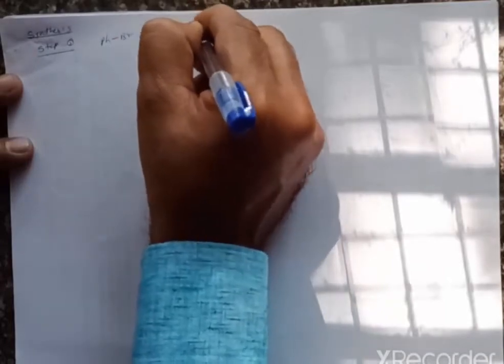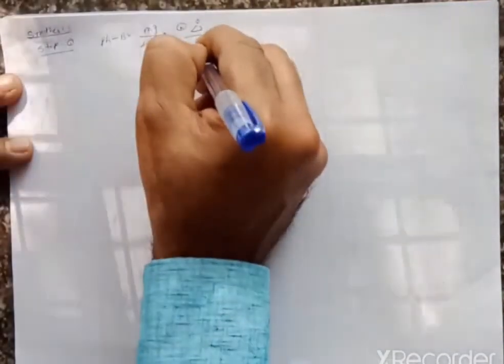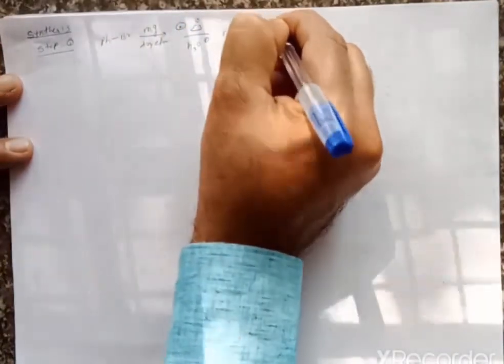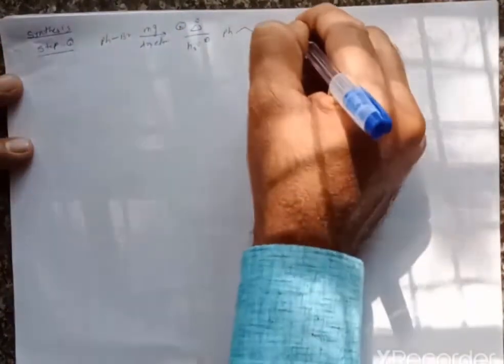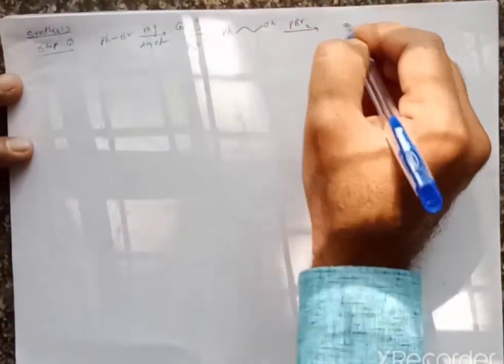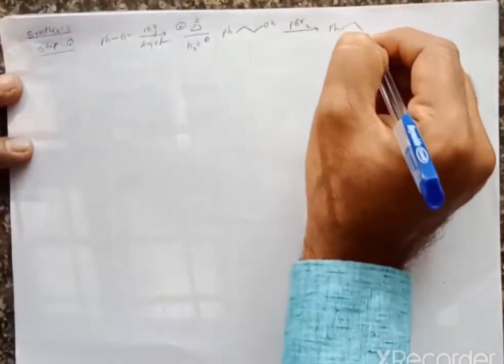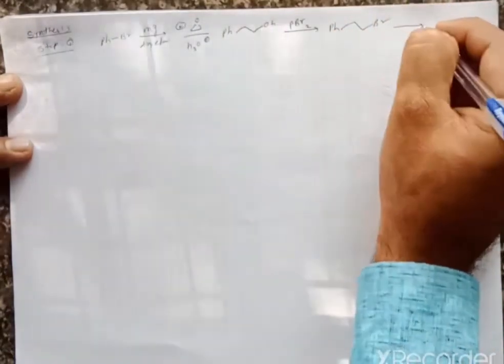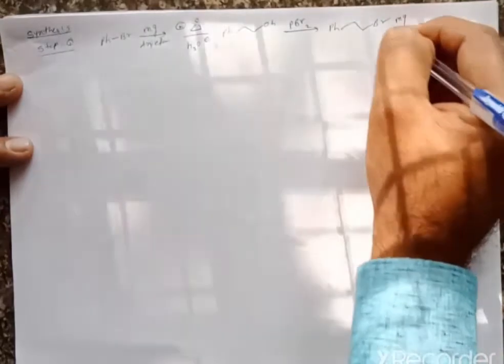Then secondly, we can treat with epoxide along with H3O plus, it gives formation of PhCH2CH2OH. And if we treat this molecule with PBr3, how can we prepare PBr3? That is red phosphorus plus bromine, it gives formation of PhCH2CH2Br, right? And when it is treated with magnesium in presence of dry ether, it gives formation of PhCH2CH2MgBr.